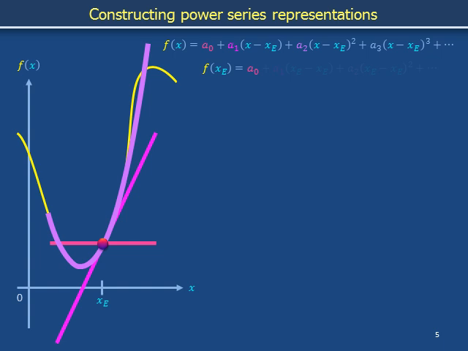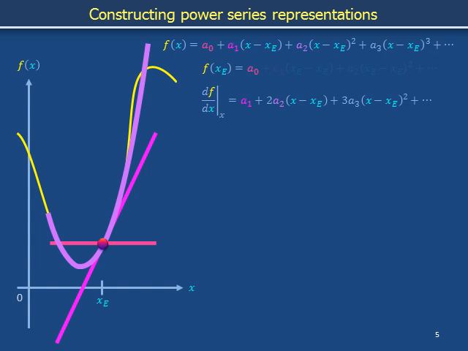Next, we determine a1. Go back to the series at the top of the page and take its first derivative. When we take a derivative of a constant, we get 0 in return. Constants vanish under differentiation. This is why df/dx at x is equal to a power series in which a0 does not appear.